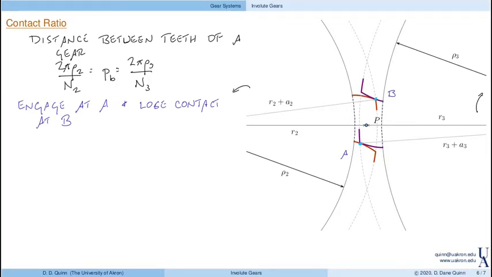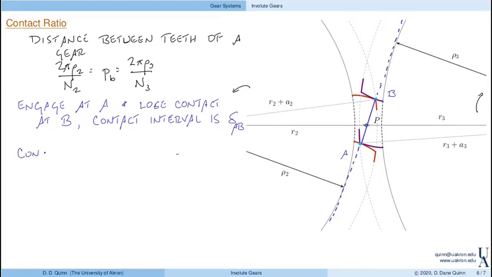Once again, we have the pressure line, which in this case looks like here and extends all the way down. But this solid portion is the interval that the teeth are in contact. We'll define this contact interval as delta AB.